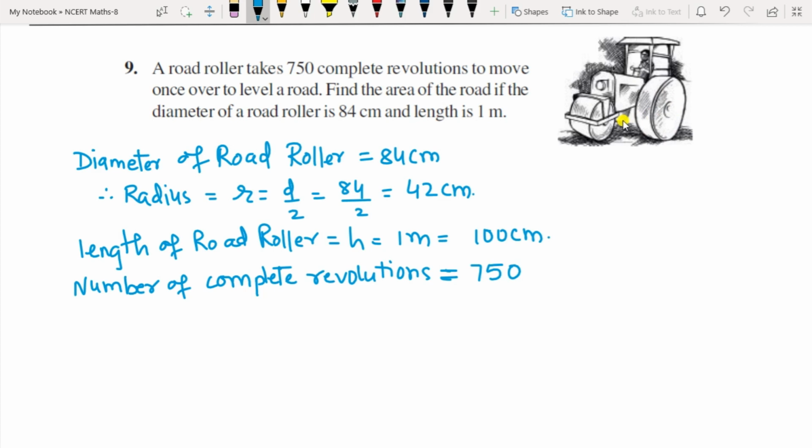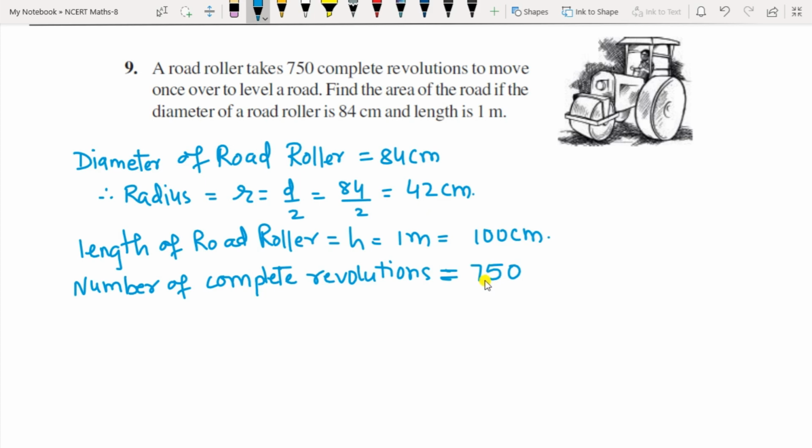The diameter is given 84, therefore the radius will be 42. The length of the road roller means height is given as 1 meter. This is in centimeter, so convert this also, it will be 100 centimeter. Number of complete revolutions is 750.